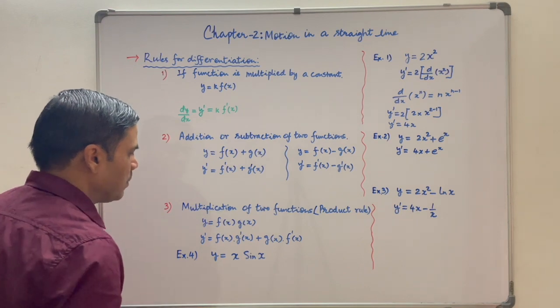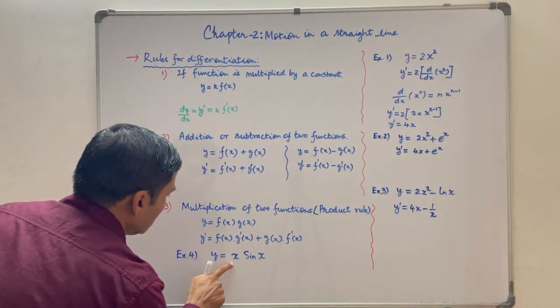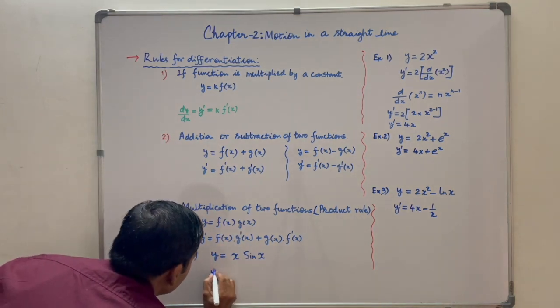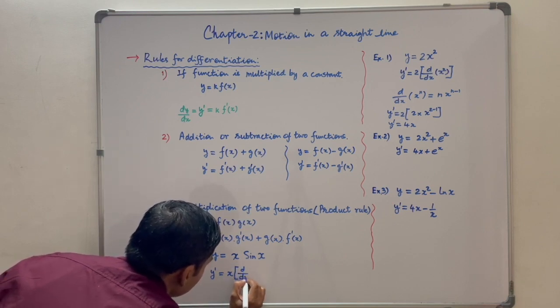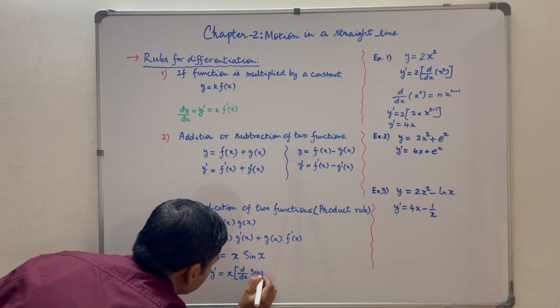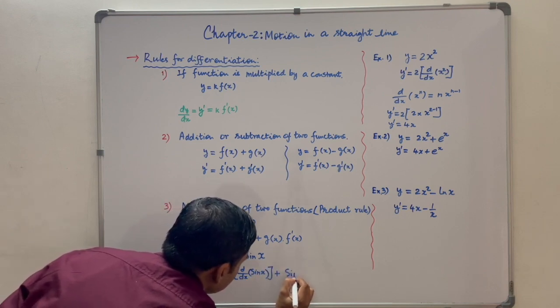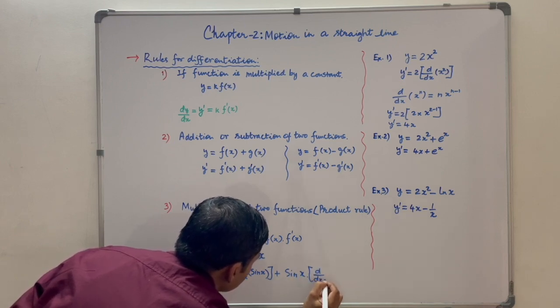Let us see this example. y = x sin x. So f(x) = x, g(x) = sin x. So y' will be the first function x into the derivative of the second function, d/dx of sin x, plus the second function sin x into the derivative of the first function, d/dx of x.